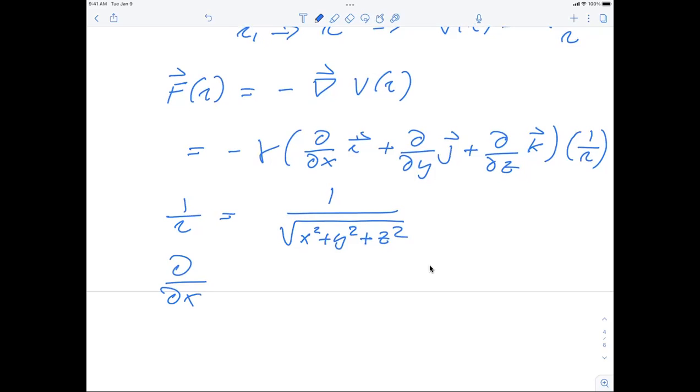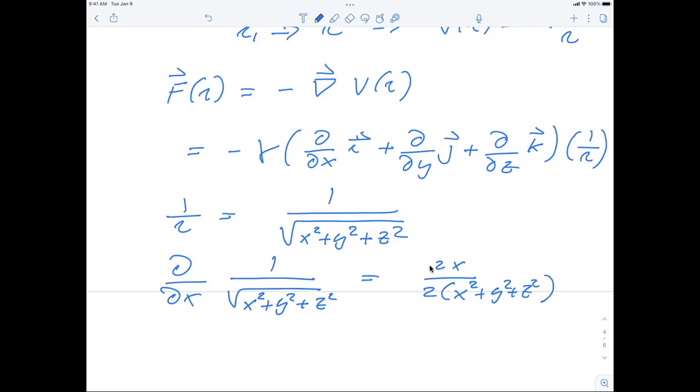So the derivative with respect to x is the derivative of this quantity, x squared plus y squared plus z squared. Using the standard rules for derivatives, we get a factor of a half, then 2x, and a factor of 2 here, and then x squared plus y squared plus z squared to the power of 3/2.